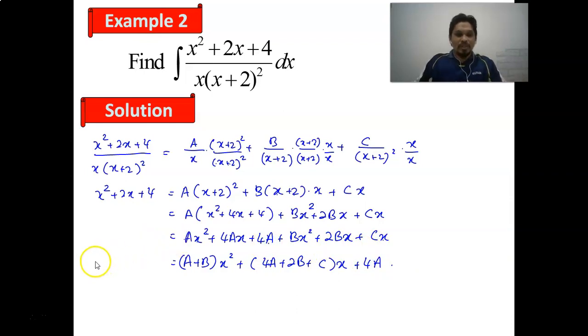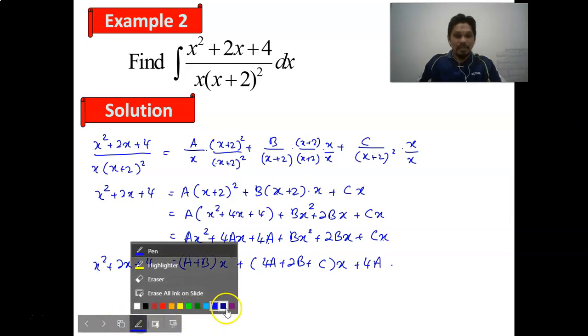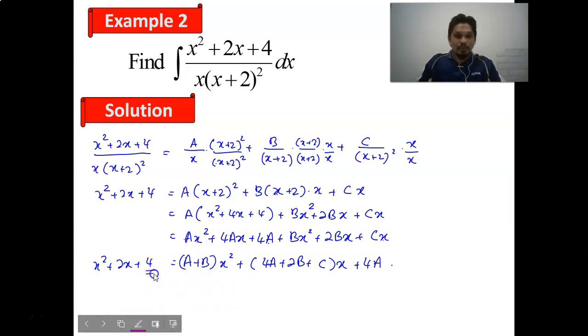So we compare with x squared plus 2x plus 4. Looking at the constant, 4 with the constant of 4a, so 4a equals 4, then a equals 1.